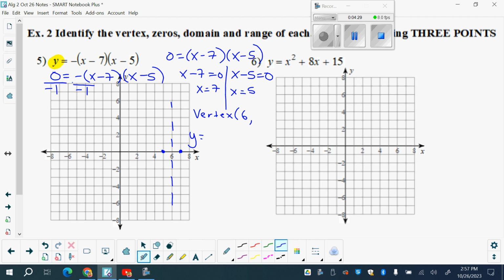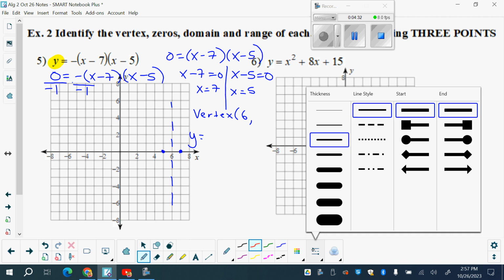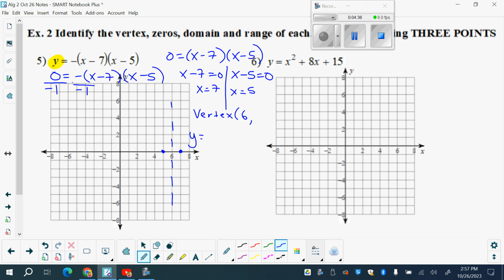So we want our equation to be y equals -(6 minus 7) times (6 minus 5). How do we simplify that? That's the simplest way.